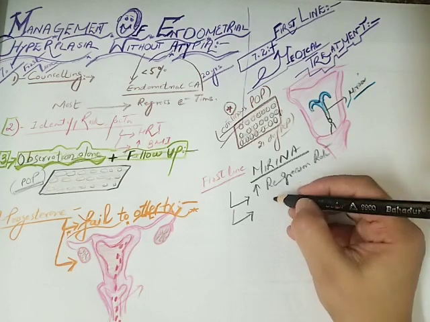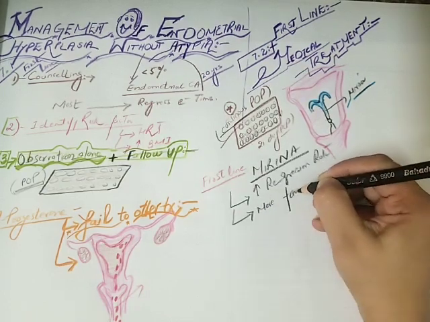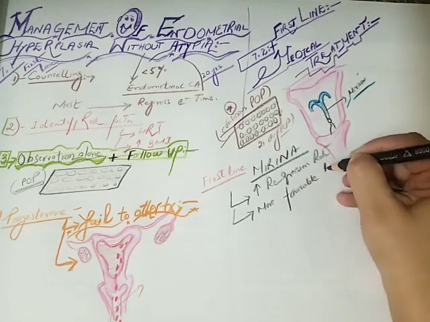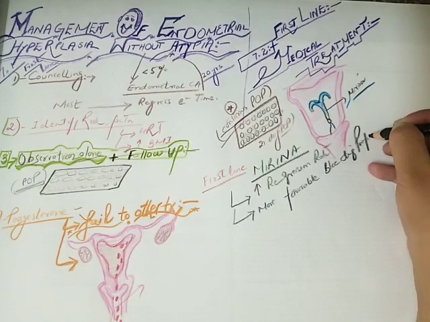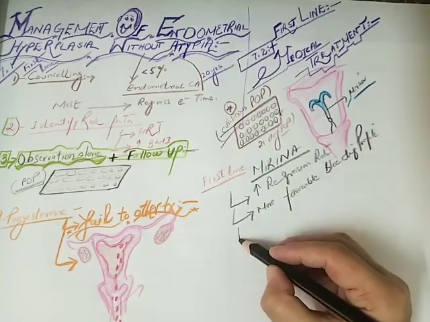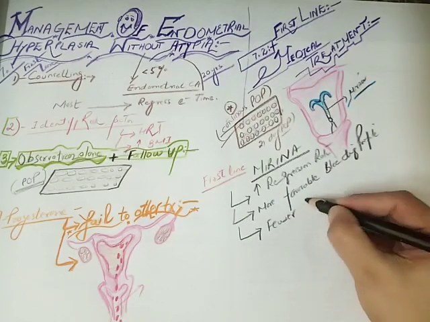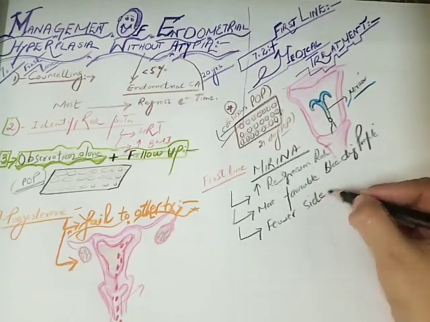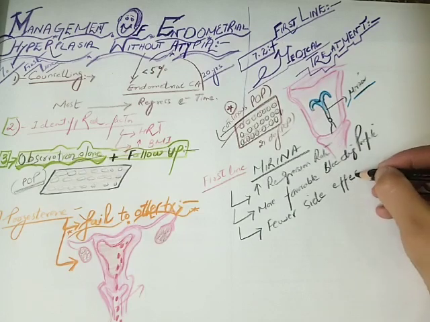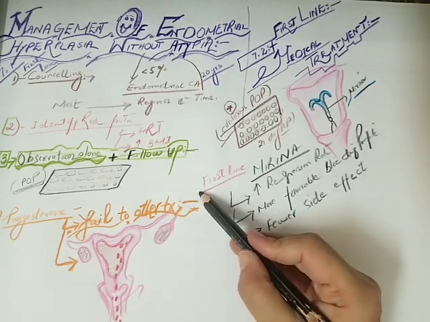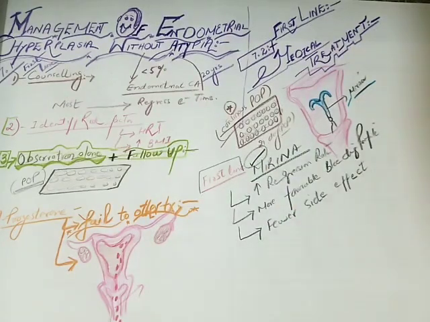Secondly, it has a more favorable bleeding profile, and third, fewer side effects. Because of fewer side effects, increased regression rates, and a more favorable bleeding profile, Mirena is considered the first line treatment option.